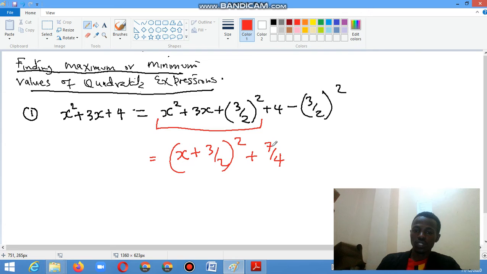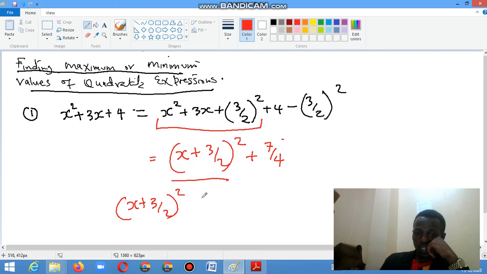Now what you should know is that x plus 3 over 2, squared, can never be negative for any value of x. Instead, it is always positive.